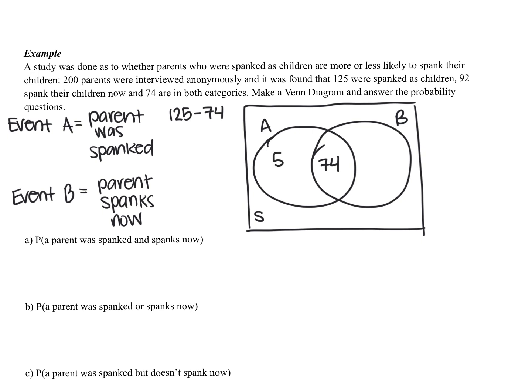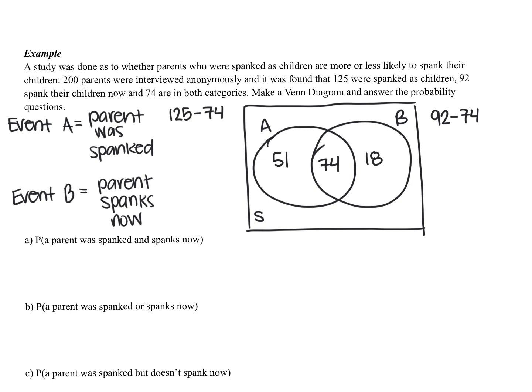So 51. And then if I add those together, I get all of the parents who were spanked as children. Then I have to do the same thing for event B. I have to take my 92 who spank their children now and subtract the 74 who were also spanked as children. And I get 18.